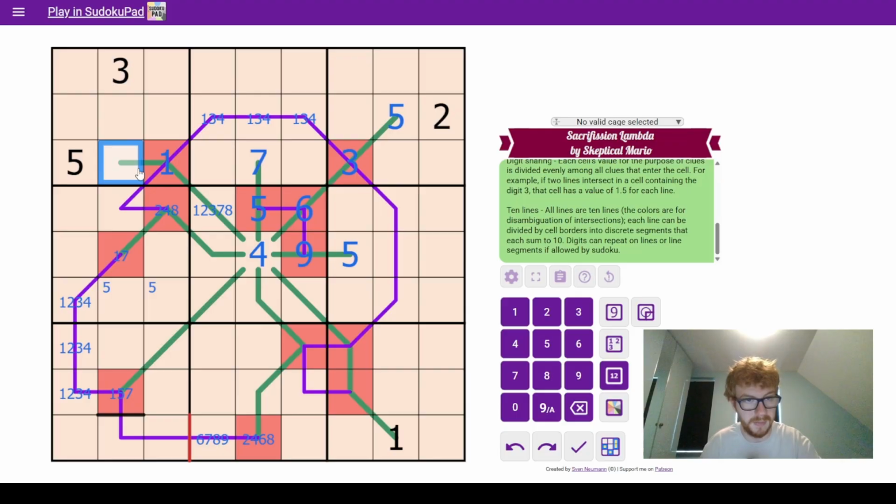And they have to sum to 9. So that's 8, 7. Oh, not 9. 8, 7, 6, 2, or 1. If we pair up those, it's not 1, so that's not 8. Is that it? Oh, that's not 7, so that's not 2.